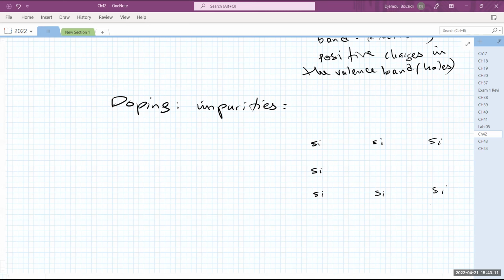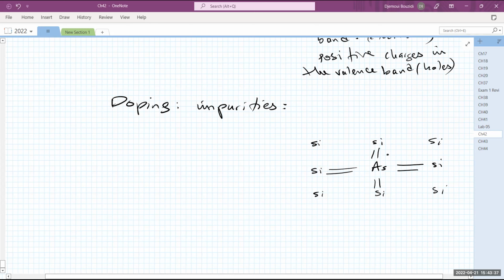Typically it's arsenic, okay? And I'm going to put it in there. So arsenic is in group 5 in the periodic table, so it has 5 valence electrons. So 4 of which can bind normally with the silicon atoms, but it has an electron now floating outside.